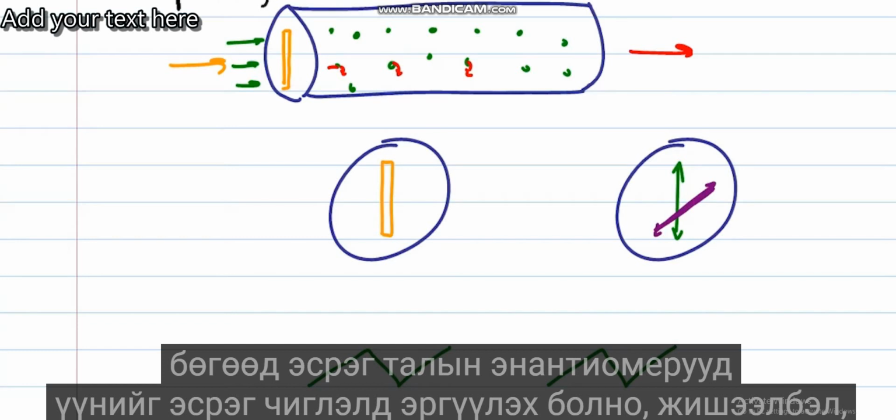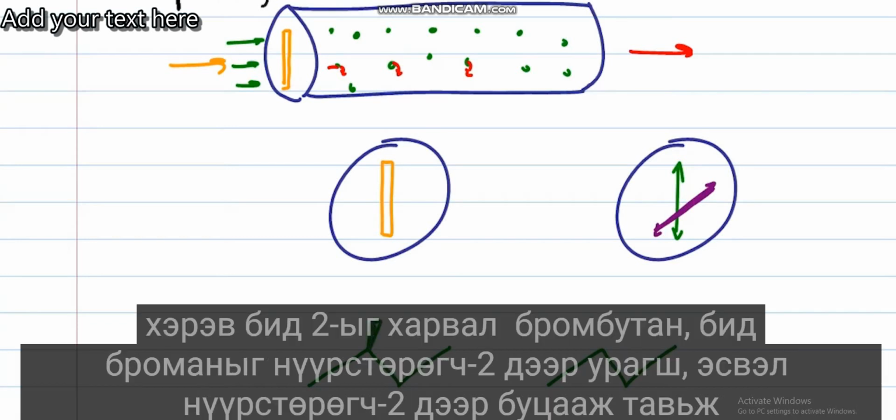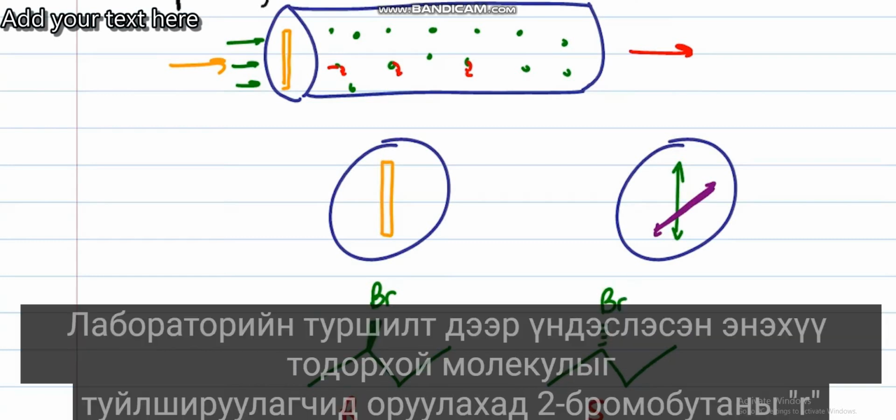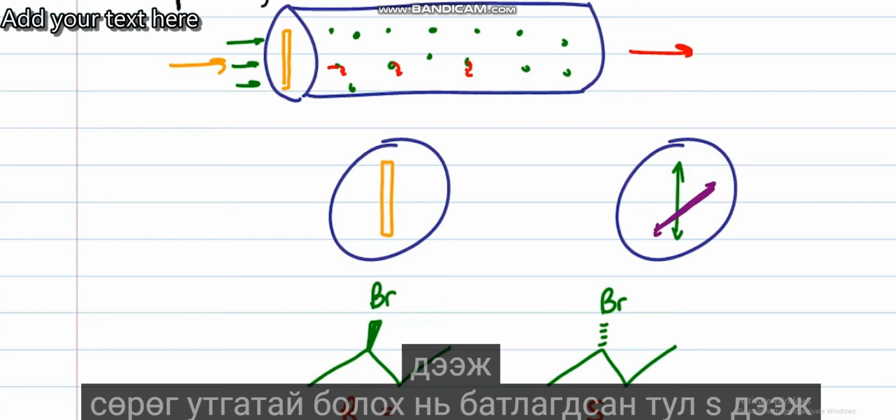For example, if we look at 2-bromobutane, we can put the bromine forward on carbon 2 or back on carbon 2, where the one on the left is R-2-bromobutane and the one on the right is S. This specific molecule, based on lab experiments, has been proven when put into a polarimeter: the R sample of 2-bromobutane comes out to be a negative value.